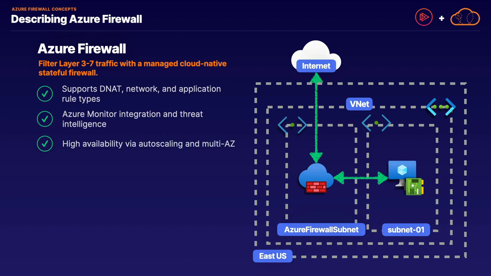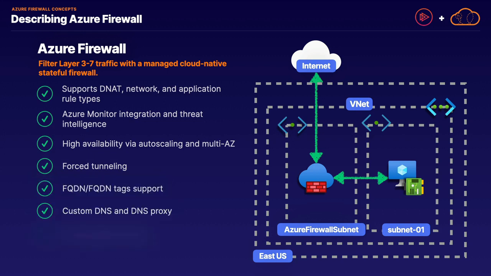And we also have the ability to deploy our firewalls into multi-AZ deployment models. With Azure Firewall, we have capabilities such as force tunneling. We have support for FQDN and FQDN tags, custom DNS and DNS proxy. We also have support for IP groups, which are collections of IPs that we create, which are similar to service tags, which are also supported on Azure Firewalls.